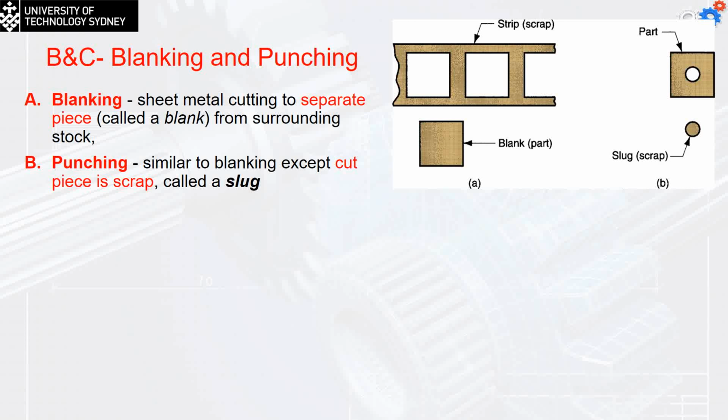In this case, we call it the slug or the scrap, and the operation is called punching. Punching is the process of making holes, but not taking the parts to use for another operation. So this is a blanking operation because this is not the used part; the one I produce is going to be used for further operation. And this is the punching operation, making multiple holes, like the back of the desktop computer tower.